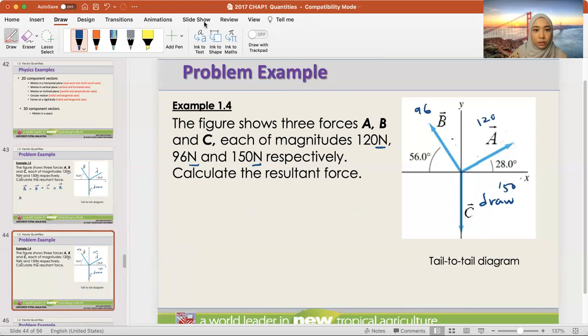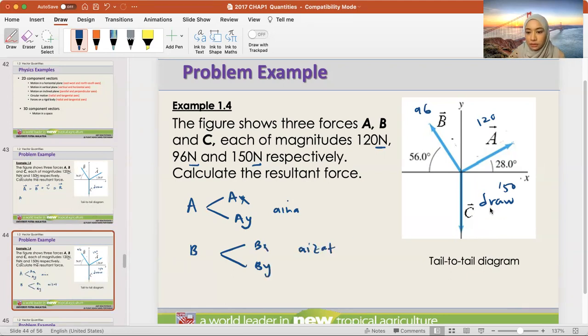Okay. Can I get Aina Sakina to find me the X and Y components of vector A? Okay, Aina. And then Aizat, hari ni semua A lah. Aizat to find the BX and the BY component.